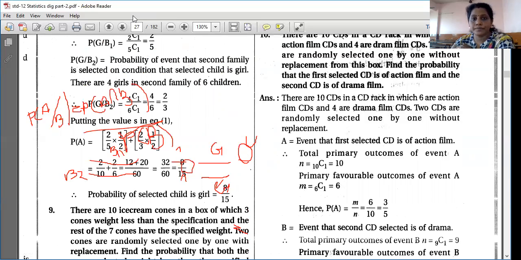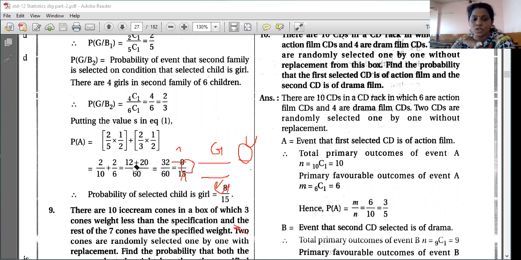Got it? Means here the conditions should be made by you only. In the question only one condition is given, that one family is to be selected and one child is to be selected. Out of the two families, one family is to be selected, and among the two families there are 11 children, out of which one child is to be selected.